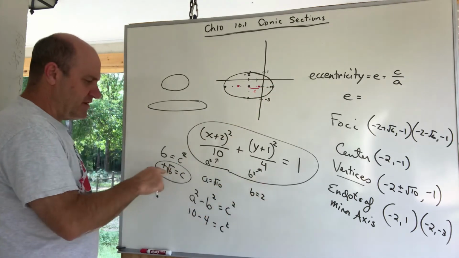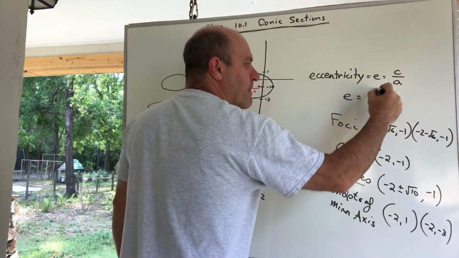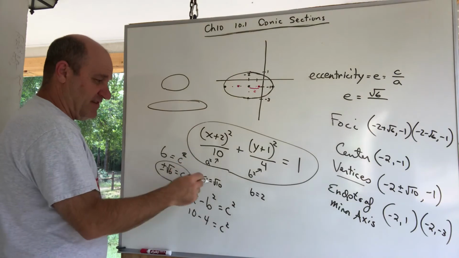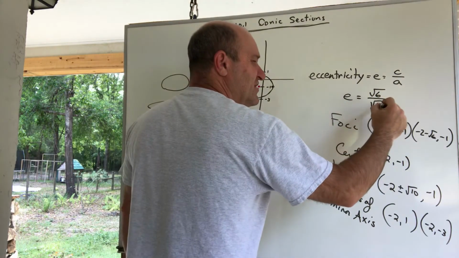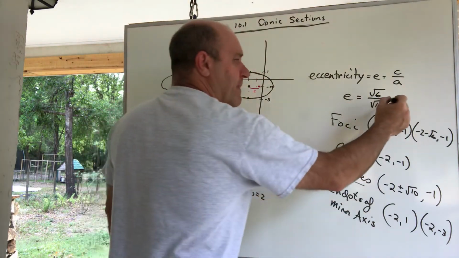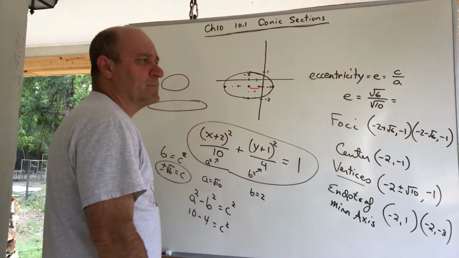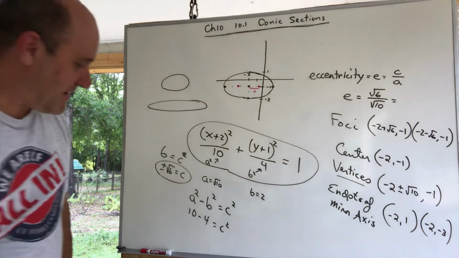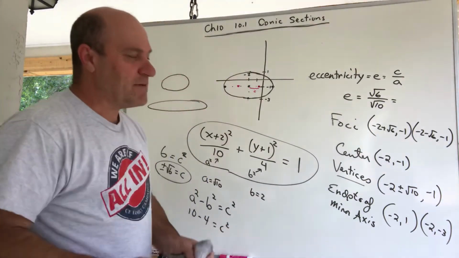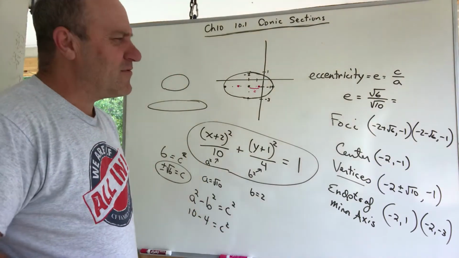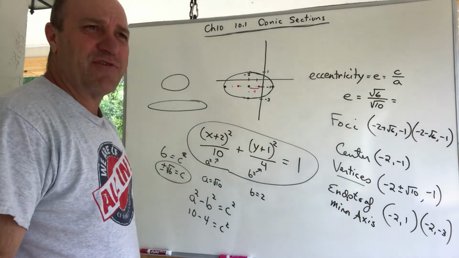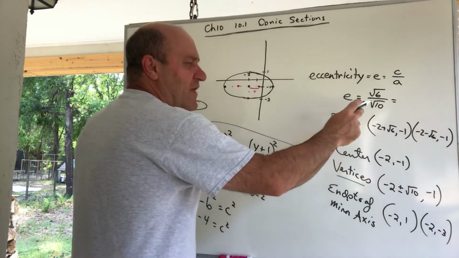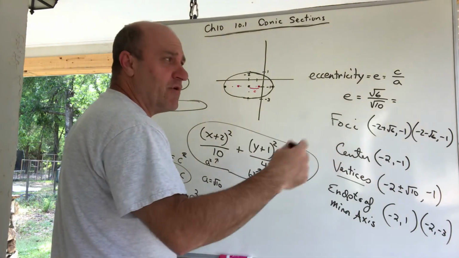What was the c? Square root of 6 over the a, which was square root of 10. So it's just a number. Damn it, I forgot my calculator. It's a decimal. It's square root of 6/10, square root of 3/5. You should decimalize it.